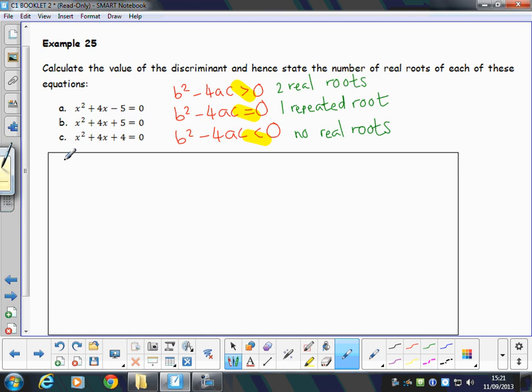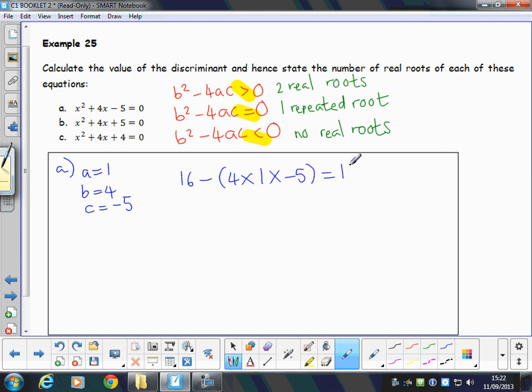So if we look at part A, we've got x squared plus 4x minus 5. If I write down what I've got as my a, b, and c, a is equal to 1, b is equal to 4, and c is equal to minus 5. If I substitute these values into b squared minus 4ac, I've got b squared, so 4 squared is 16, minus 4ac, so 4 times 1 times minus 5.